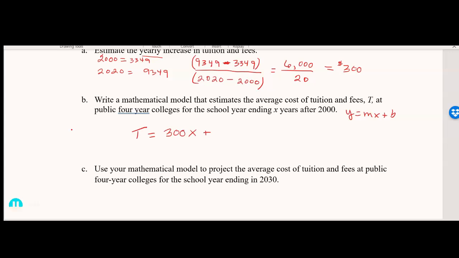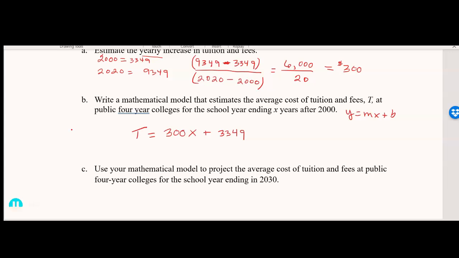Plus, remember, we're using the very first number from the graph. That would be from the year 2000, and that would be the 3,349. So this is how you do it. You set up your equation. This is what we found in part A that goes in front of the x. Technically, it's your slope. This number, the 3,349, is always the first number that we got from the chart.